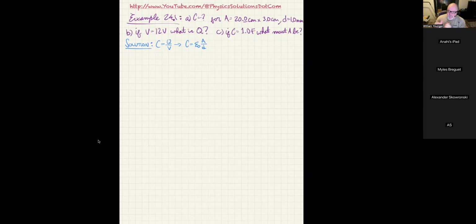Okay, that's what it's really designed for. In fact, even if there's air inside there, you're supposed to use a slightly different epsilon, and they'd call that epsilon sub air, and it would differ by maybe plus or minus one or two in the third or fourth decimal place of epsilon zero.